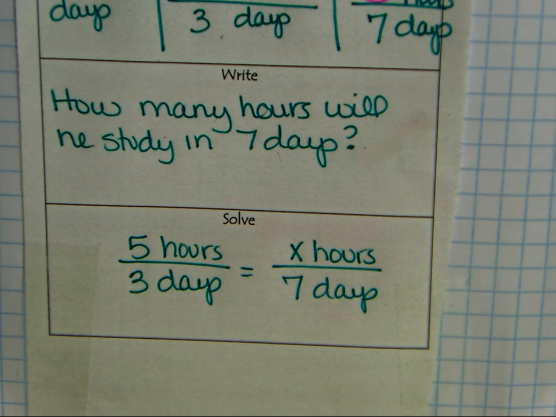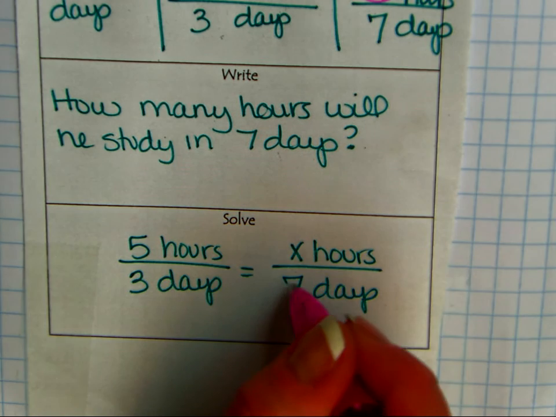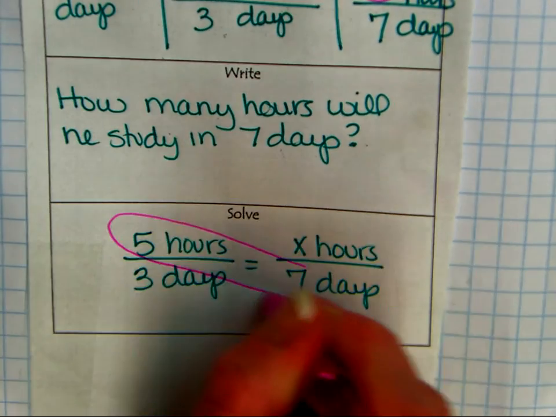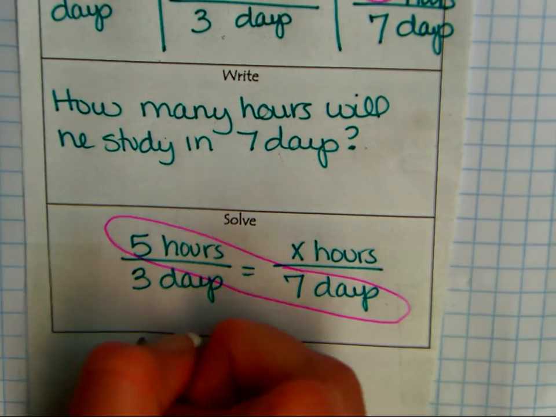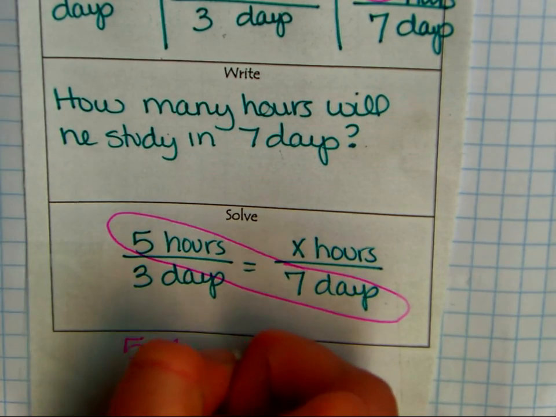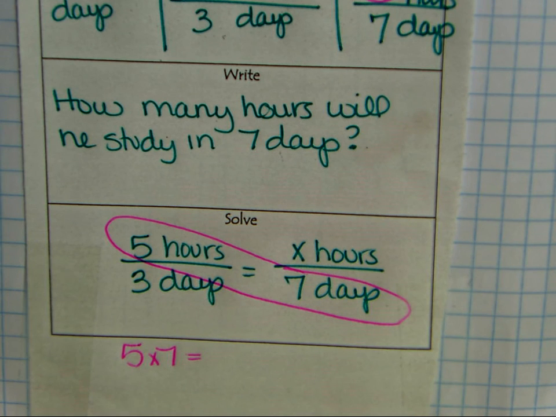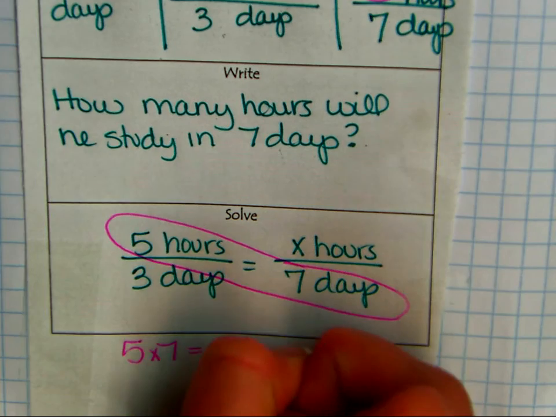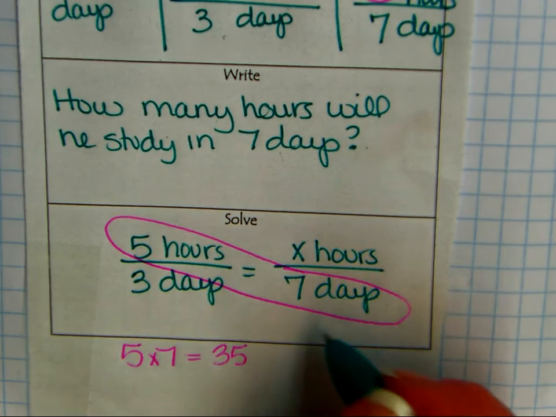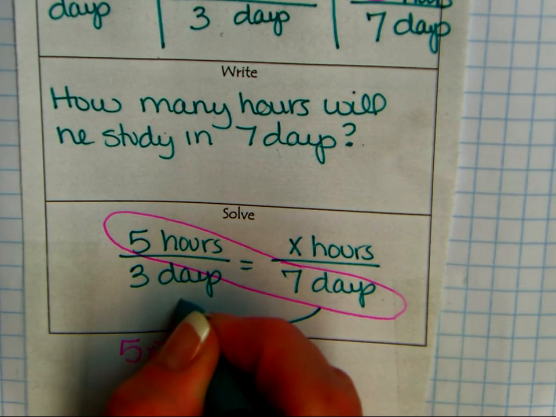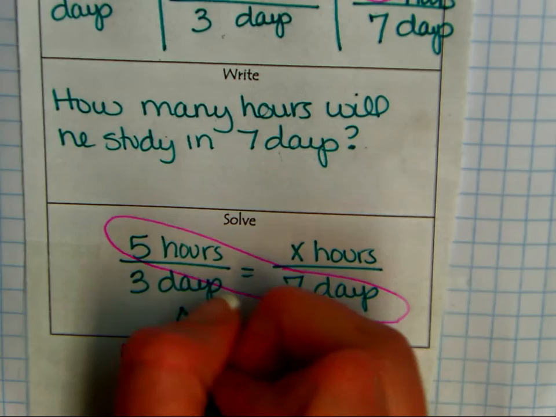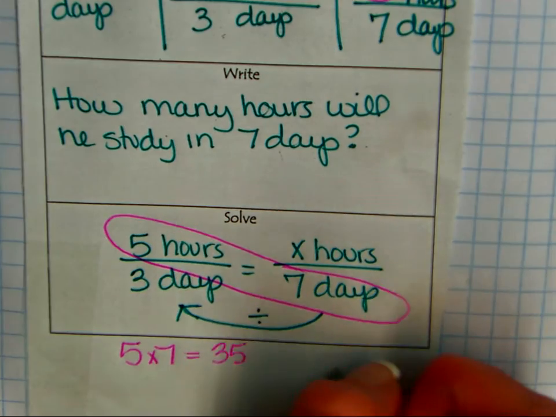Following our steps that we just talked about, we are going to start off by multiplying at this diagonal. So we're going to do 5 times 7. And look at that, I did the multiplication symbol with the X. Next time I'll do the dot. Okay, so 5 times 7 is 35. Then we take what we don't know, which is this 3, and we divide by it.